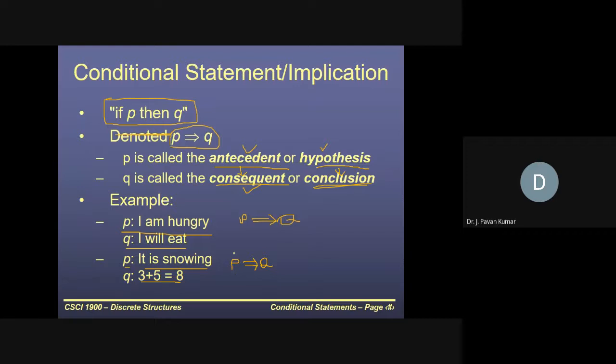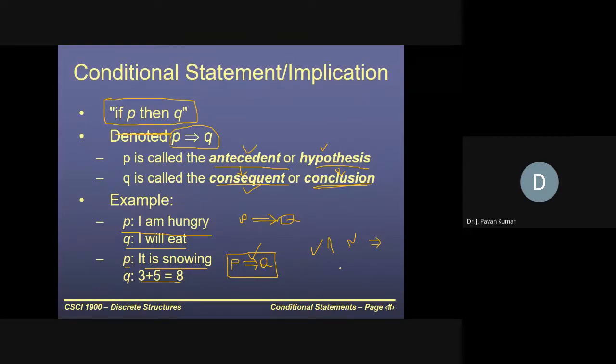But if you write P implies Q, logically we are making these two connected. Although those are not related in real time, we can connect these two statements by using this logical connective called implies. Like or and negation symbols, we are having implies.